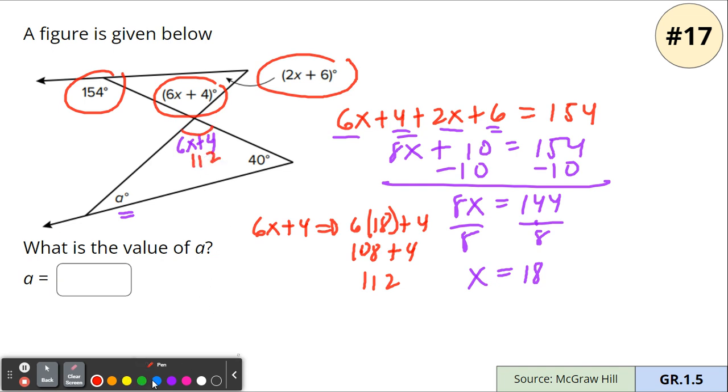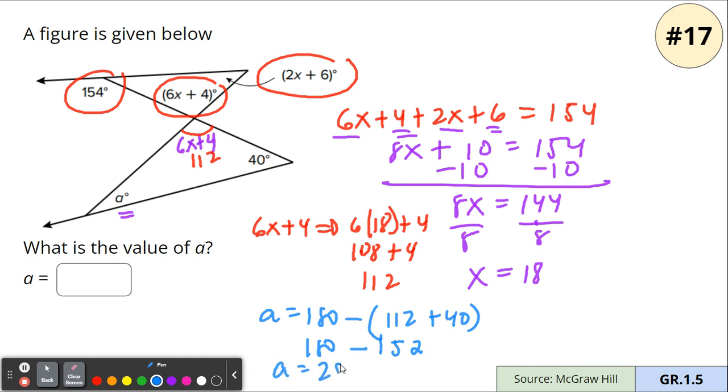So to get our angle A, we have 180, the sum of the three angles of a triangle, minus the sum of 112 and 40. So 112 plus 40 will give you 152. So therefore, 180 minus 152 is 28. And that will be our A. So A is 28.